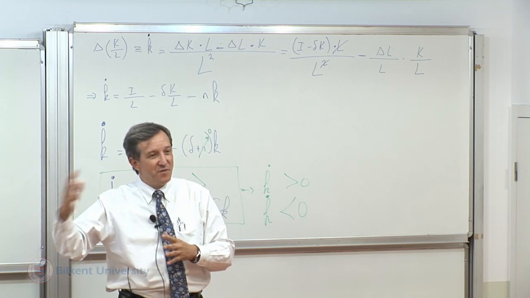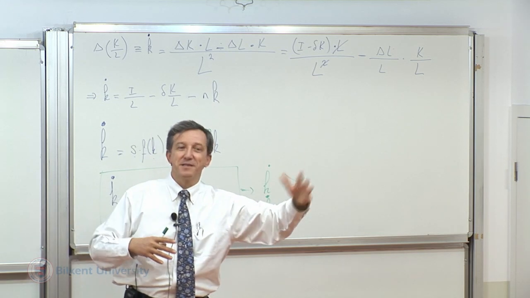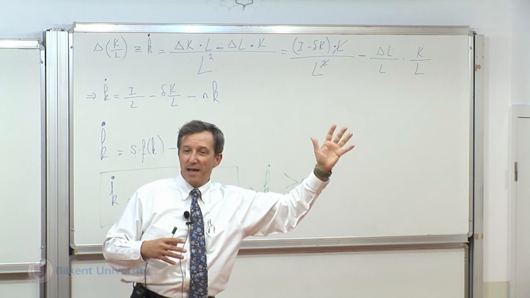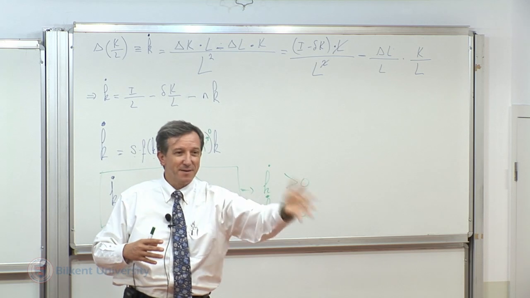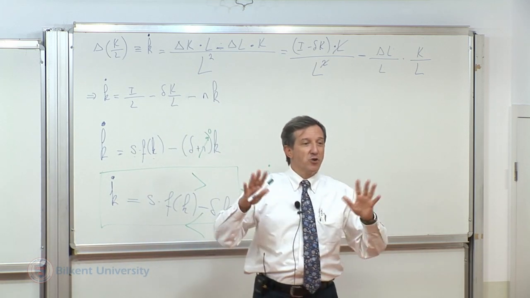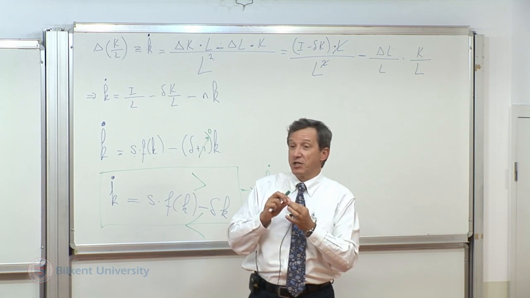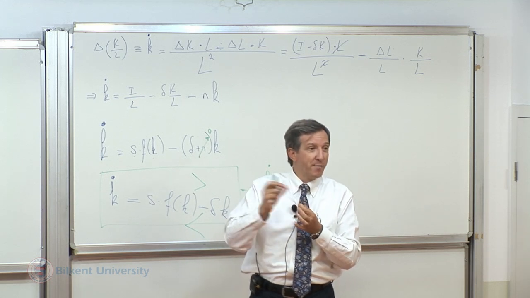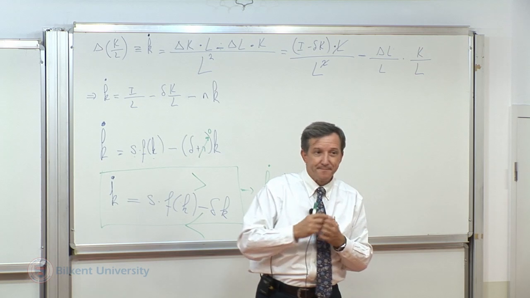We call this creative destruction, and we are going to see that in the long run it is helpful and useful, but it has cost in the short run. So there is no difference in notation between per worker, per labor, or per capita.